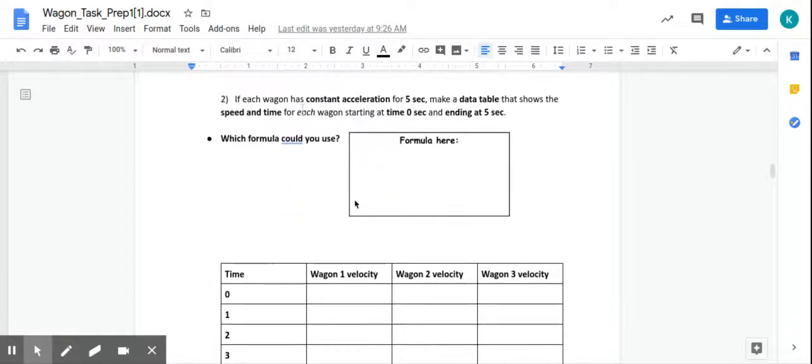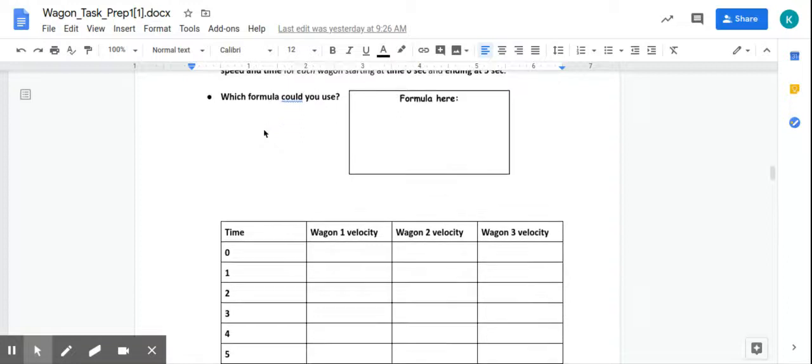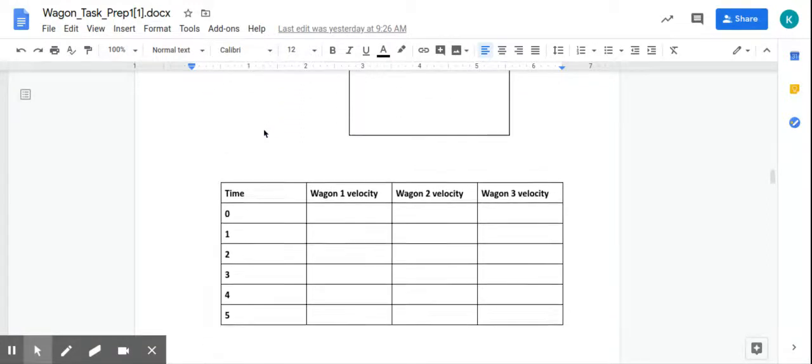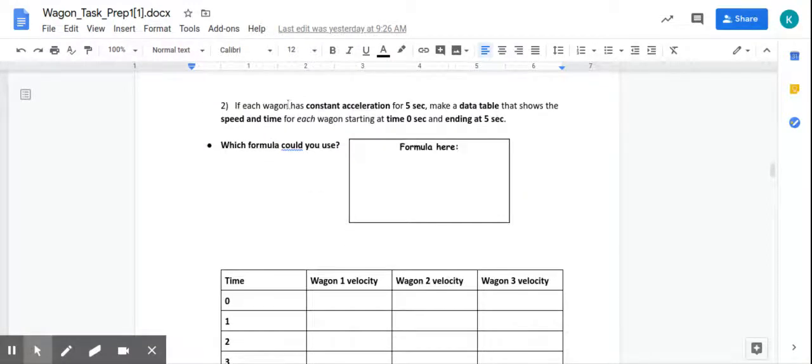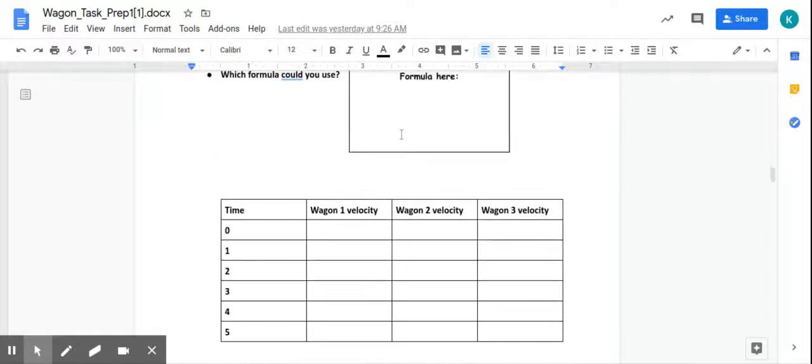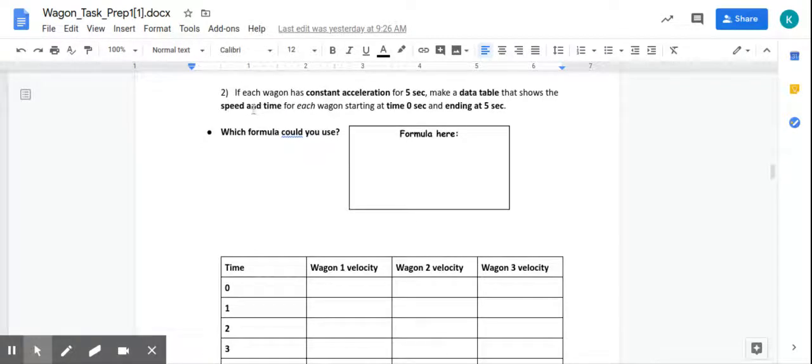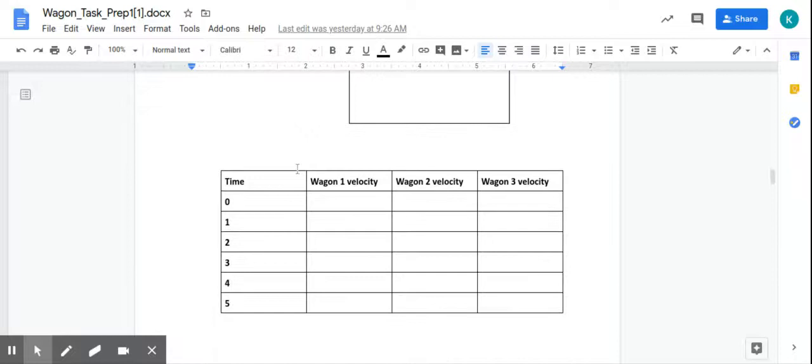Then for here, each wagon has a constant acceleration for 5 seconds. Make a data table that shows the speed and time for each wagon, starting at time 0 and ending at time 5. Which formula would you use here? They're giving you constant acceleration, and they want your velocity at all these different times.